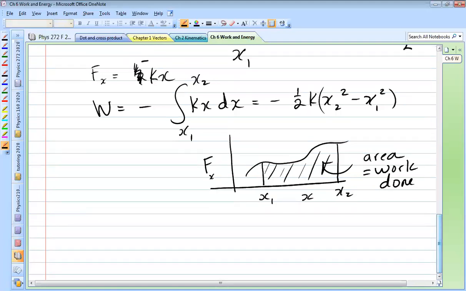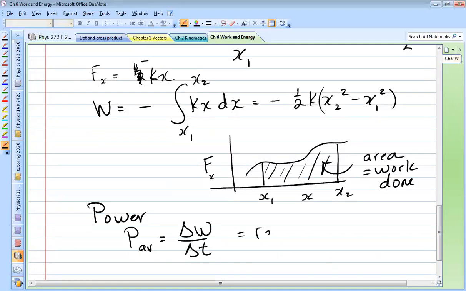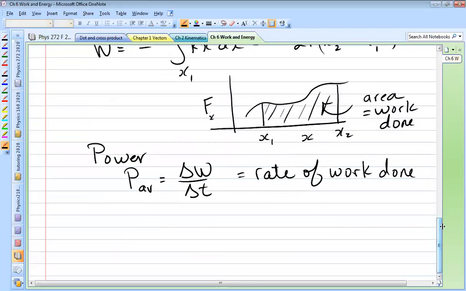Okay, the next concept in this chapter has to do with power. So power, average power, is the change in the work, or it's the rate at which work is done. So this is rate of work done. Remember, anything that's a rate means per time.